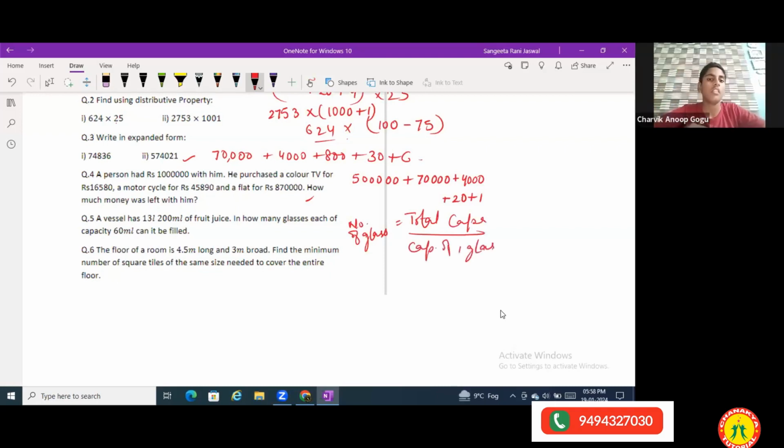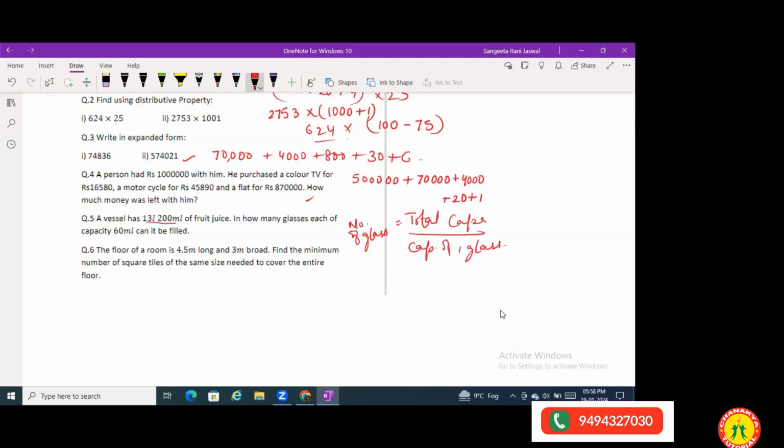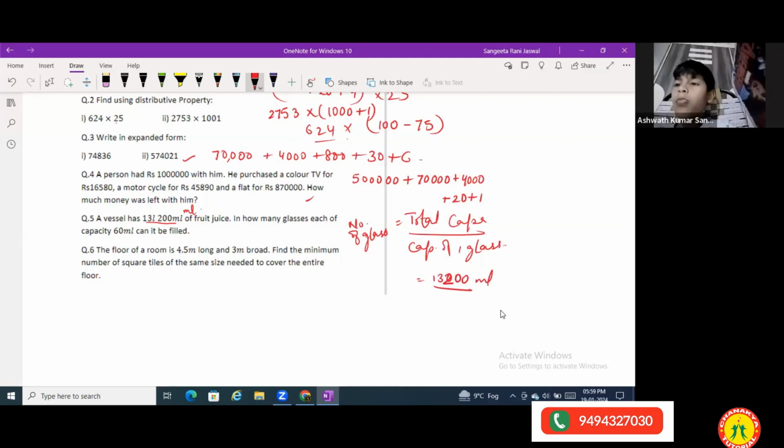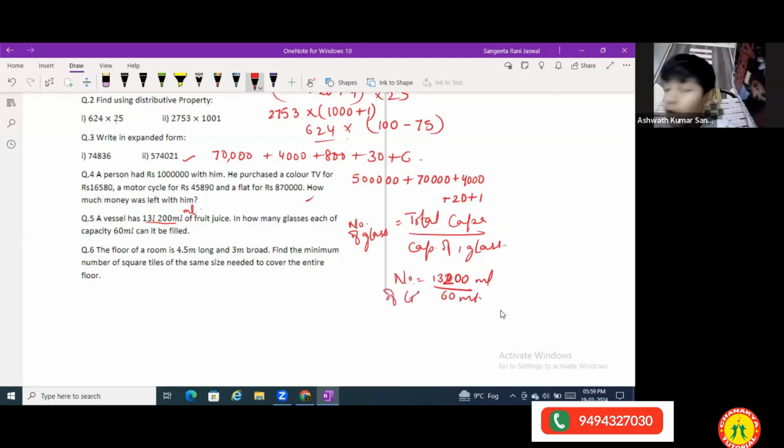So you will convert this whole thing to milliliters. So this becomes 13,200 milliliters. And the capacity of a glass is already in milliliters. We just divide it and you get the number of glasses. Ma'am, 220. Yes, okay, 220.